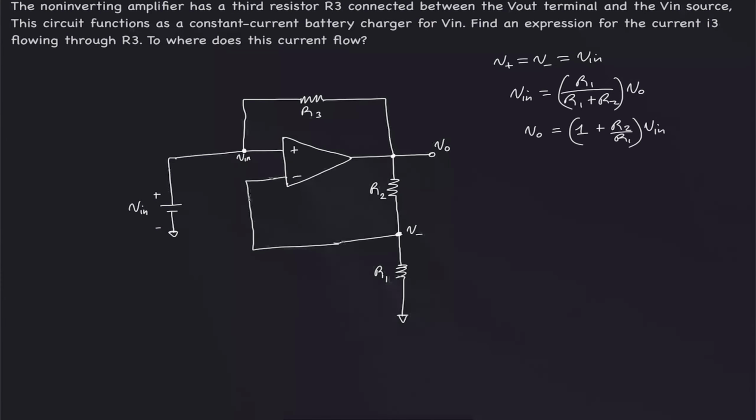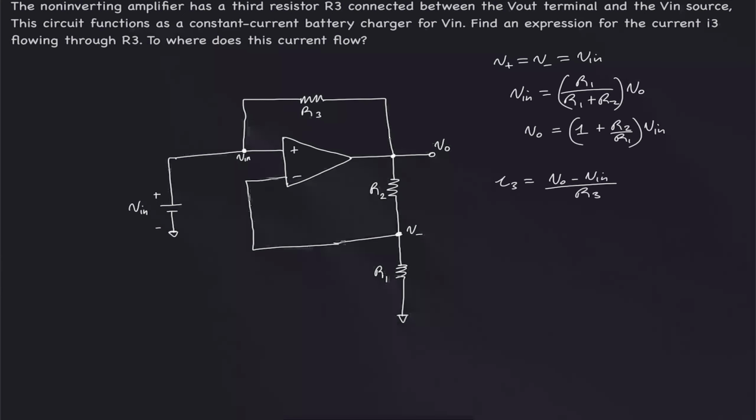The current I3 through the R3 resistor is equal to the difference between the voltages at those points: V out minus V in, divided by R3.